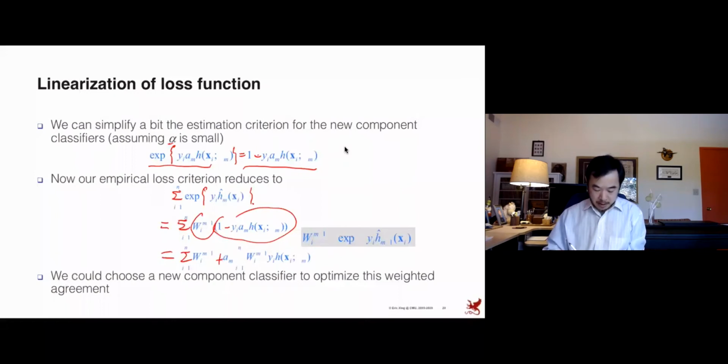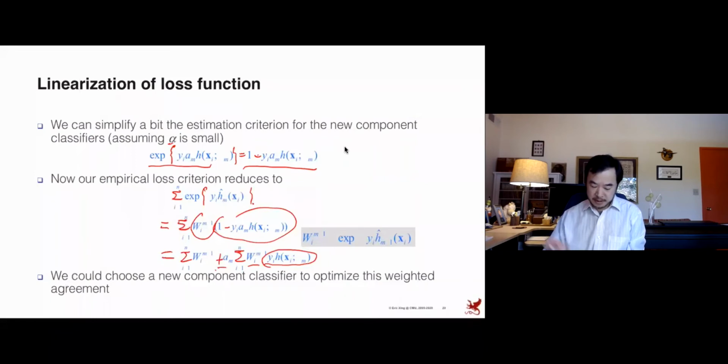And then the second term is a weighted sum of this very simple +1/-1 loss times the sample weights and times the classifier weight.